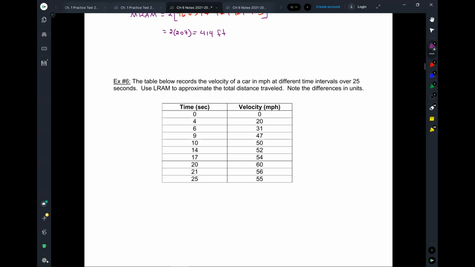The hint says, note the difference in units. Time is in seconds, and velocity is in miles per hour. To find distance, you multiply time by velocity, but miles per hour times seconds won't cancel out. You have to change the seconds.